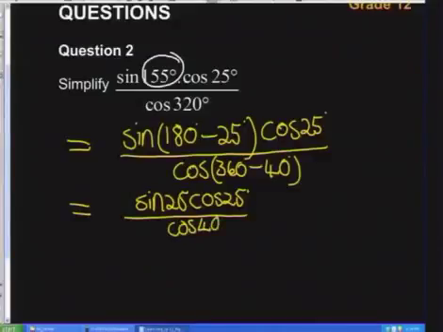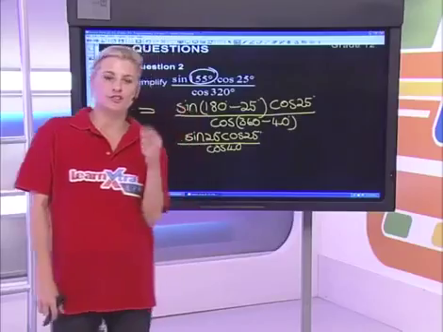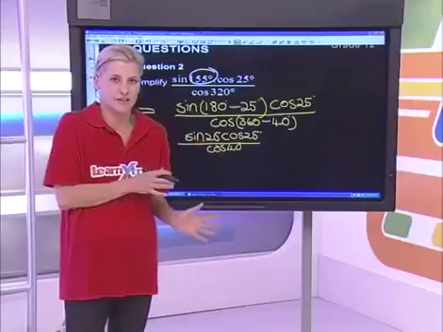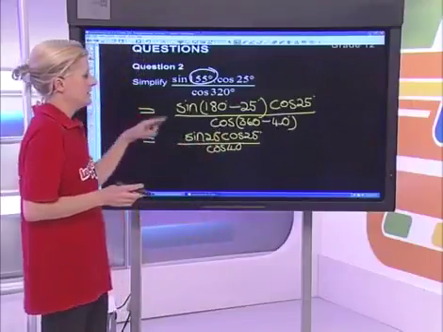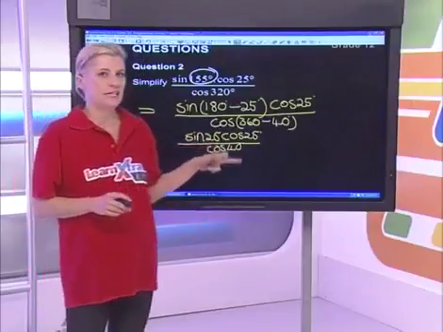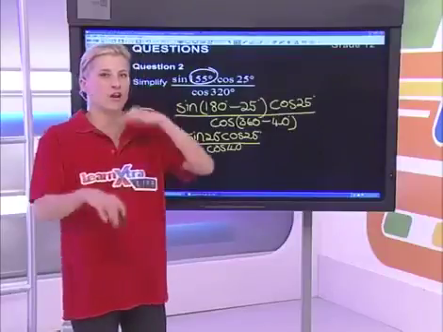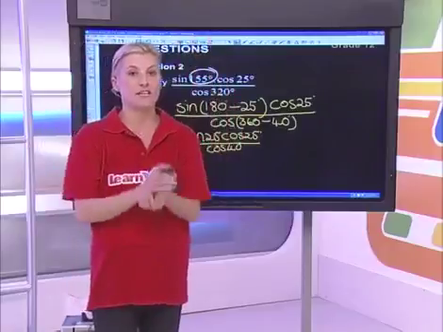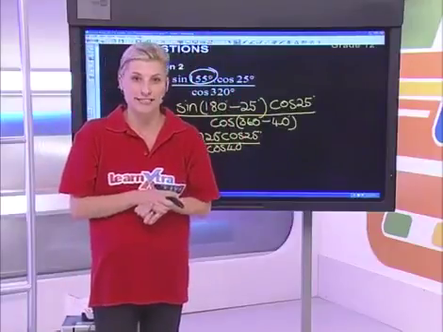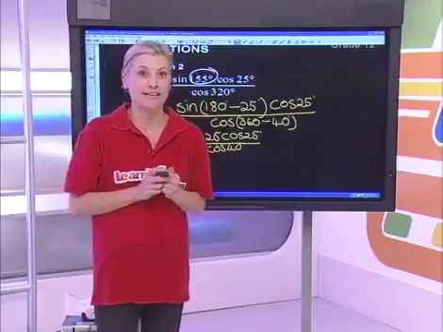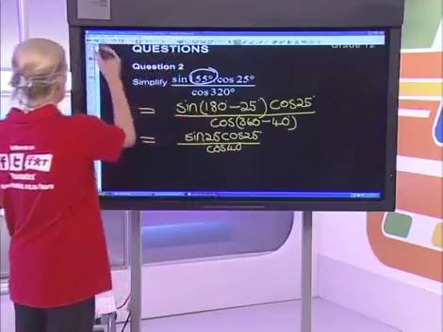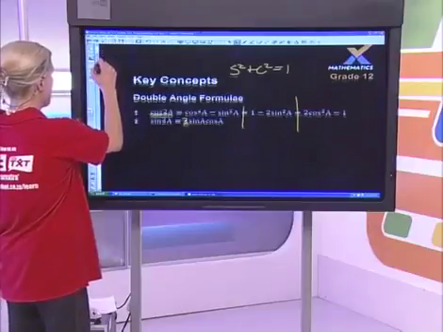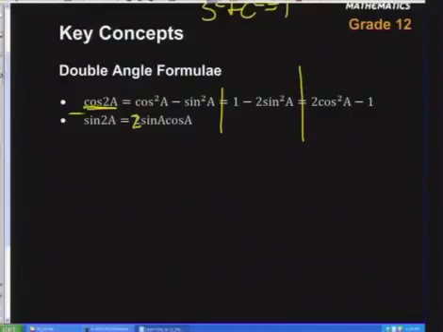Now, guys, if you have a little bit more experience, what you'll notice is that 25 and 25 do give you 50. It doesn't mean you can just add them together. And I've got a 40 in my denominator, and if I've got a cos 40 in my denominator and a sine 50 possibly in my numerator, that could work quite nicely. So let's have a look back at our compound angle identities. And this is the one that I want you guys to look at. This is now the sine one.